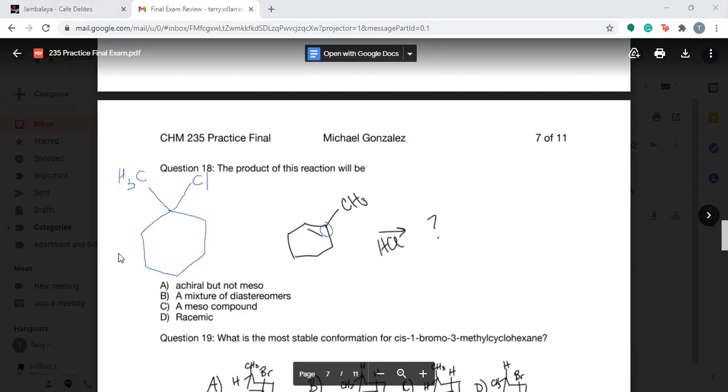So did you create a stereocenter, Gwen, when you did this? No, because you go to the right, CH2, CH2, CH2, you go to the left, CH2, CH2, the same CH2. Since both sides come to the same carbon, it's not a stereocenter. It's achiral, but it's not meso. Since there's no stereocenter, it can't be a mixture of diastereomers, it can't be a meso compound, it can't be racemic. Does that make sense?